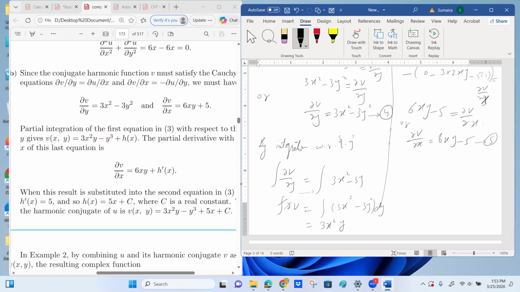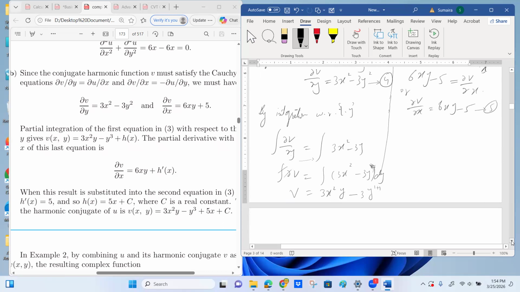Partial and integration cancel each other, that means v. And its result is 3x square y, minus 3 y raised to the power 1 plus 1 over 1 plus 1 in the denominator.